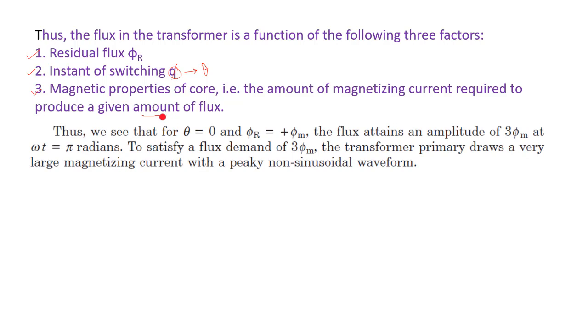Now we can see that for theta equal to 0 and phi r equal to phi m, that is, the switching instant when theta is equal to 0 and phi r is equal to phi m, the flux attains an amplitude of 3 phi m at omega t equal to pi radians.